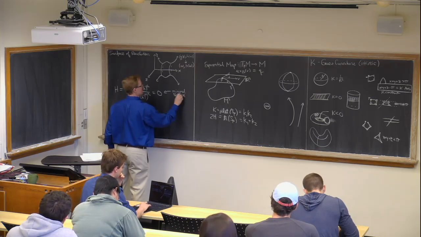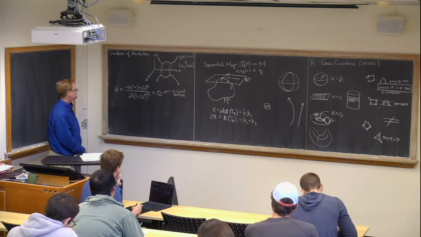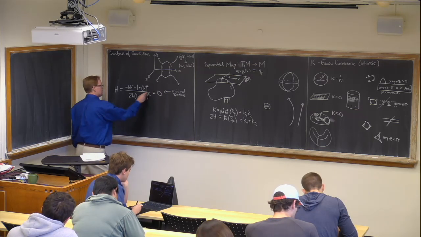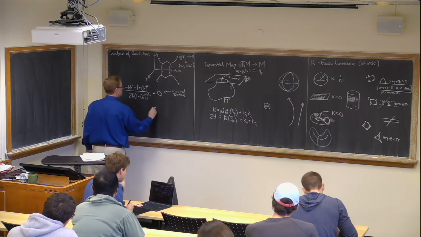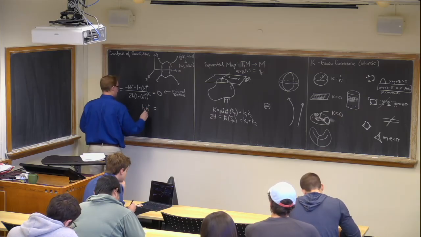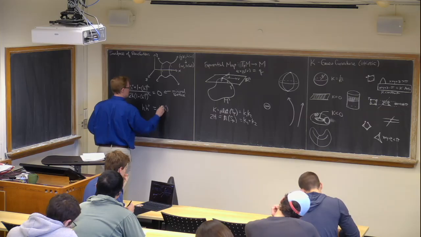It means it locally minimizes area, as it turns out. We'll talk more about that. We can multiply through by this fraction on both sides, and then we get an ODE: h times h double prime is equal to 1 plus h prime squared.